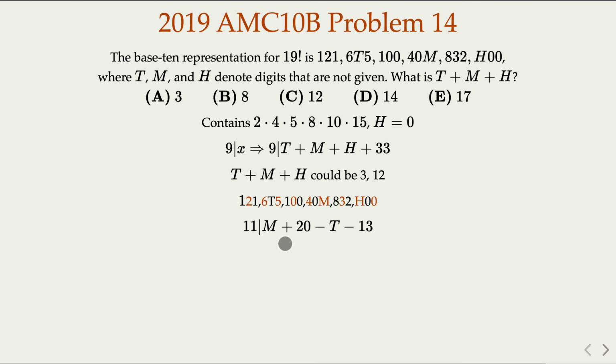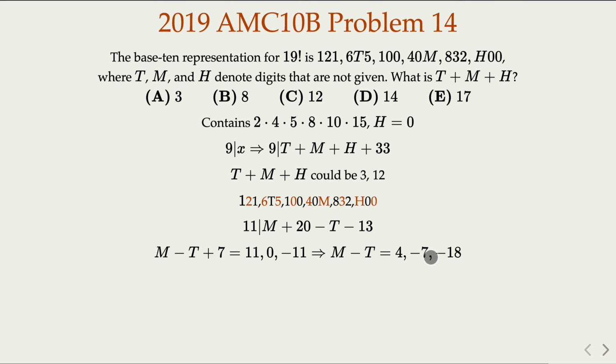So we add it up, and it's going to be M minus T plus 7, with three possible values: 11, 0, or negative 11. So M minus T is going to be 4, or negative 7.